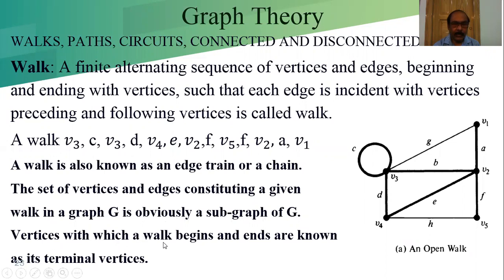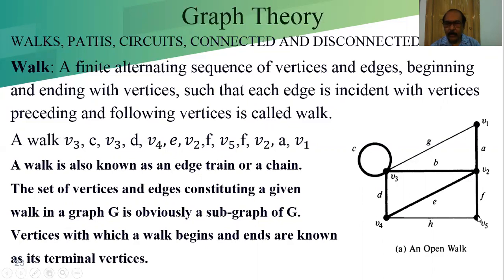Vertices with which a walk begins and ends are known as its terminal vertices. If V3 is the start and V1 is the end of the walk, these two, V3 and V1, are known as the terminal vertices. We can start from here also and write it another way.